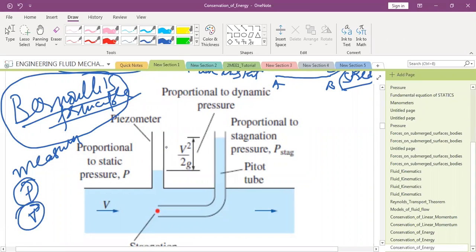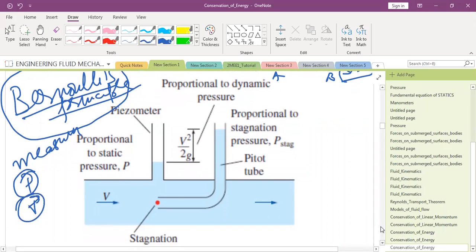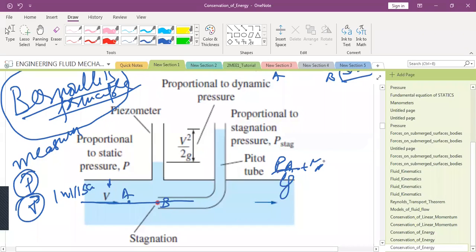One thing you are clear with is that if you take 2 points, say I take point A here and point B here, what do I know? Along the same streamline, if it is inviscid, because this will be inviscid, being away from the boundary, PA upon rho g plus VA square upon 2g plus YA is equal to PB upon rho g plus VB square upon 2g plus YB.